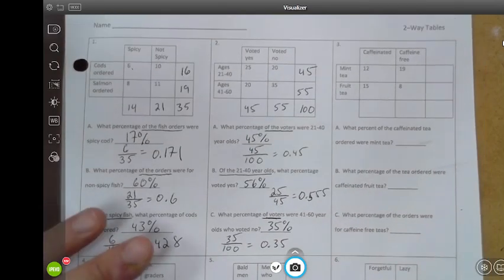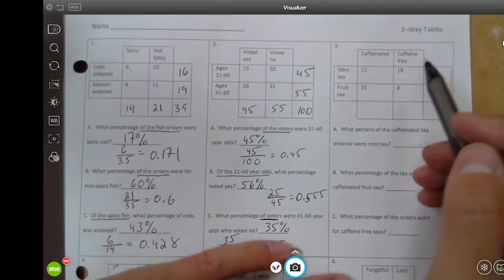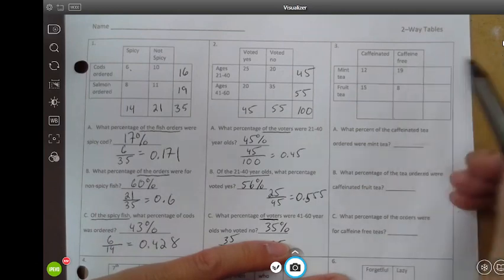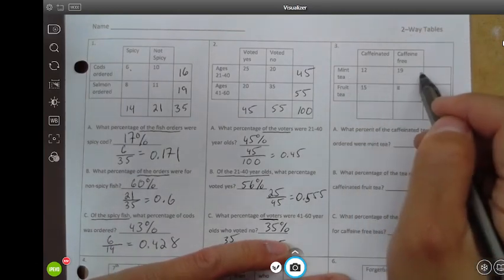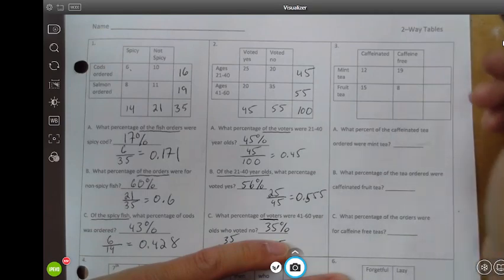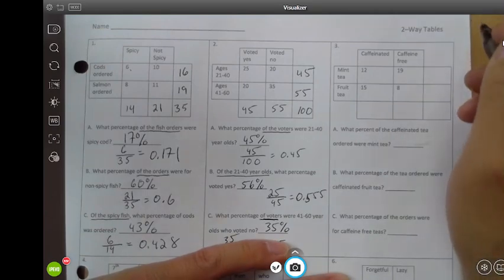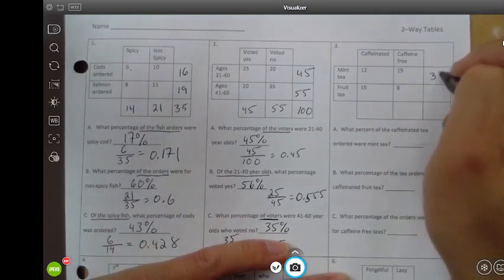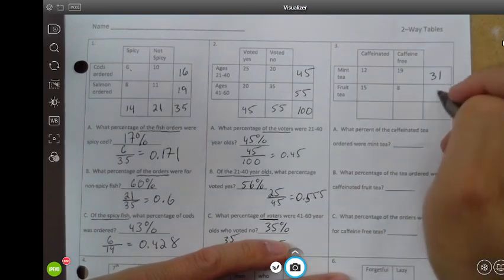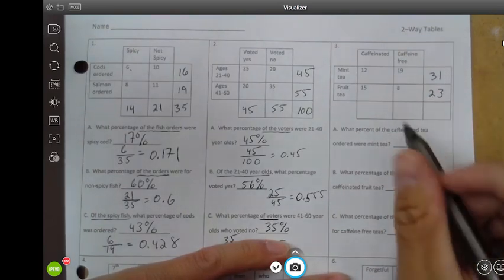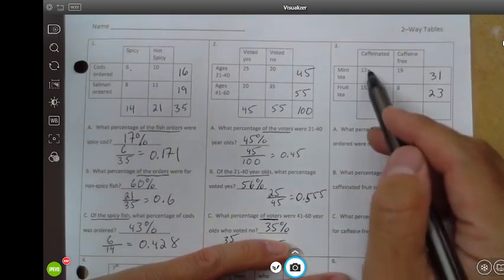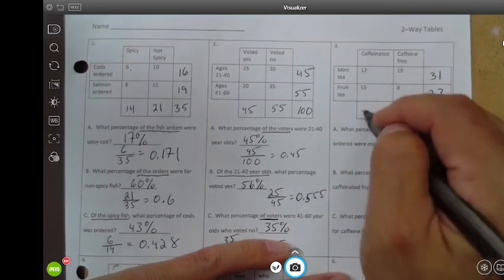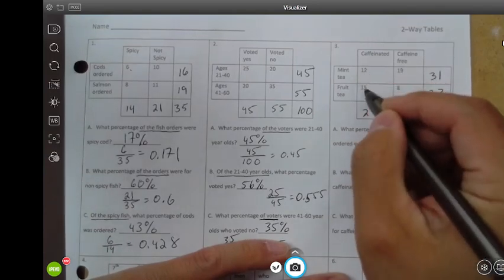All right, last one I'll do, number 3. Let's get the totals. All right, so for mint tea, it's 12 plus 19, so that's going to be 31. Fruit teas, 23. Caffeinated, right, that's 27, 12 plus 15.